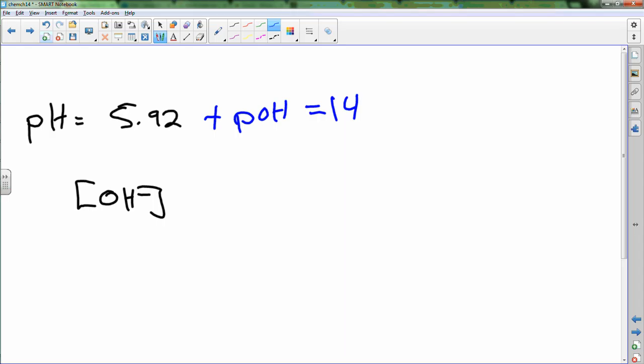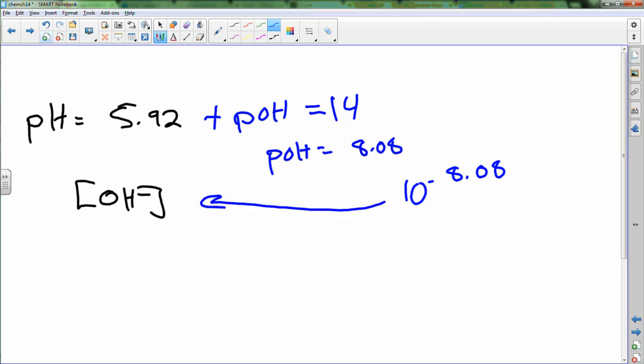So in that case, I would just subtract 5.92 from 14 and find that my pOH is 8.08. And now at that point, I know that I can take 10 to the negative of the pOH to find my concentration. That's one way to do it.